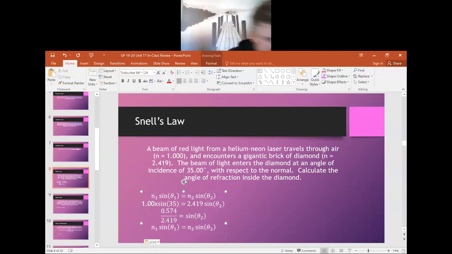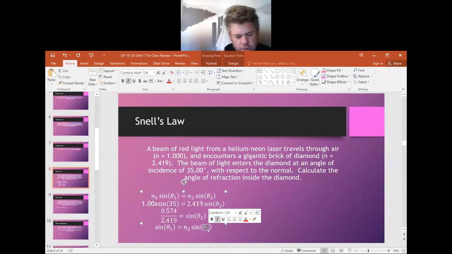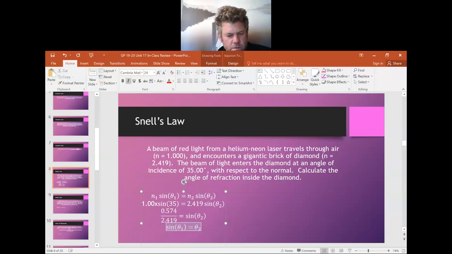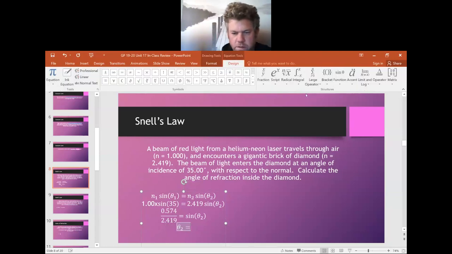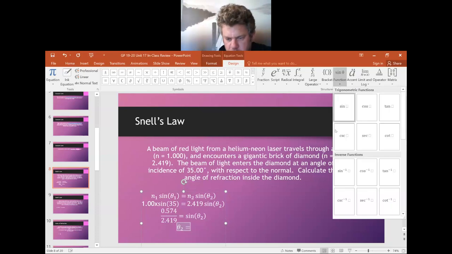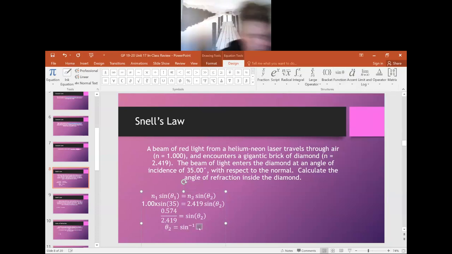So now, if we want to find theta 2, this is going to be equal to the sine inverse of 0.237.